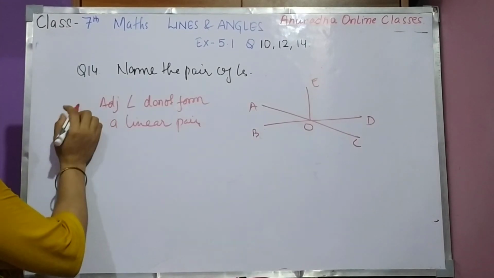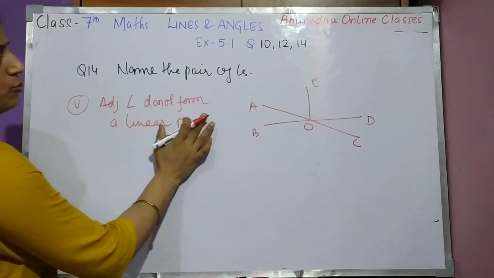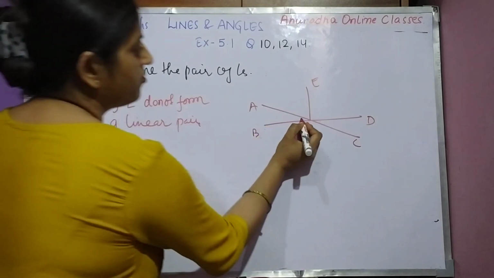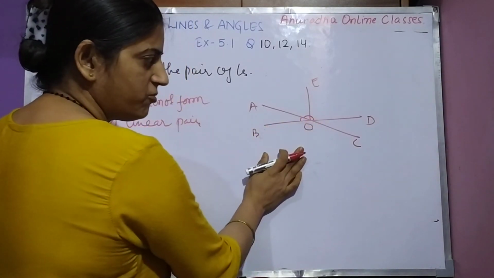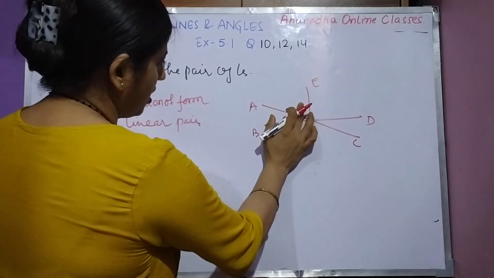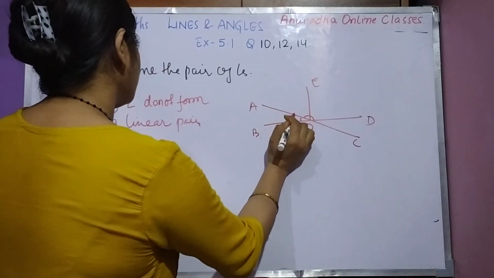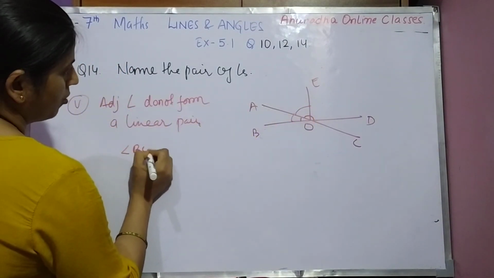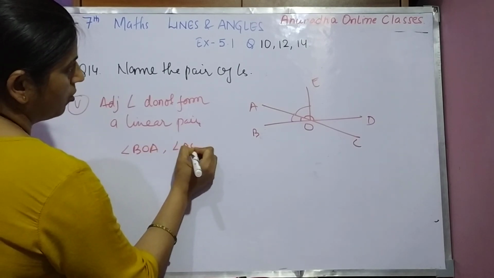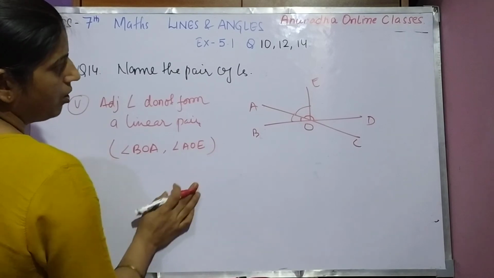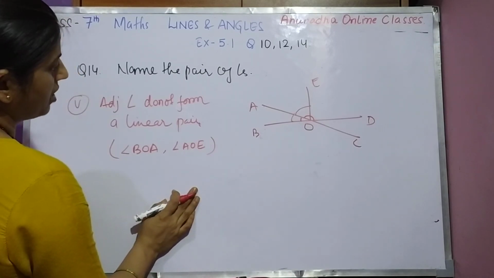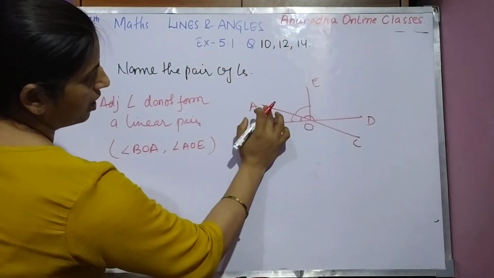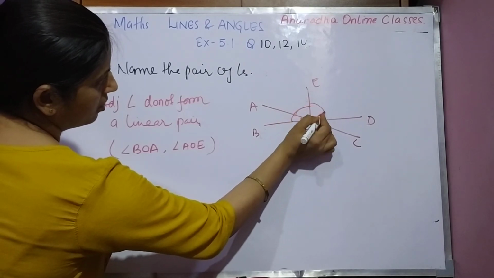Now see children, what they have asked, the fifth part is adjacent angles that do not form a linear pair. That must be adjacent but they are not forming a linear pair. If we take this and this whole, they are forming a linear pair. This and this are not forming a linear pair. So we can take this one and this one, adjacent angles. That is angle BOA and angle AOE. First is this one. And let us see how many pairs there are that do not form a linear pair. This one AOE, this and this.